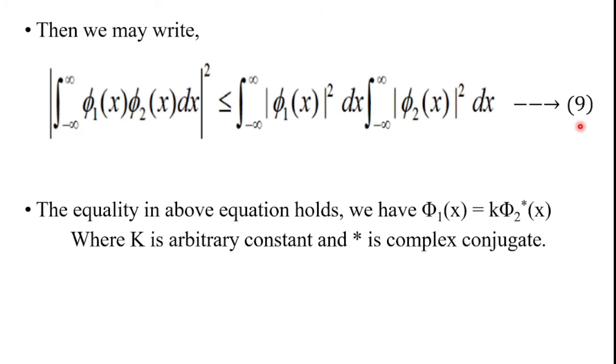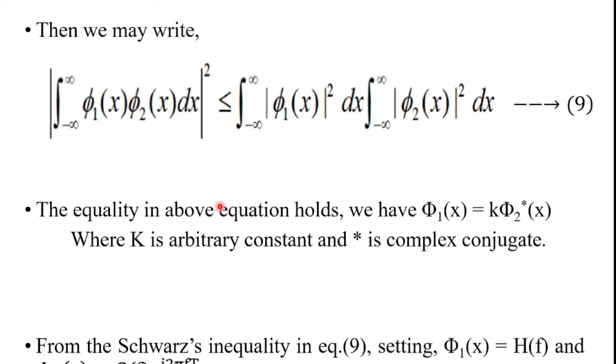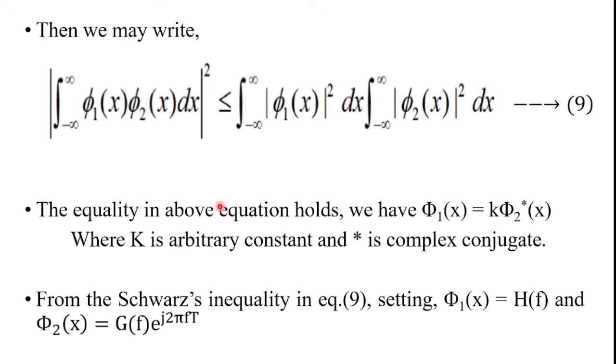So from equation number 9, the Schwarz inequality equation, by setting phi 1 of x equal to h of f, that is the frequency response of the filter, and phi 2 of x equal to g of f into e power j 2 pi f capital T, at the sampling instant small t equal to capital T. In equation number 9, substitute phi 1 of x equal to h of f and phi 2 of x equal to g of f into e power j 2 pi f t.